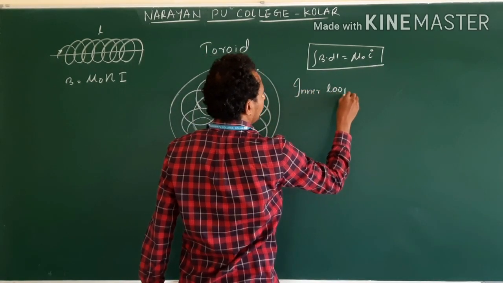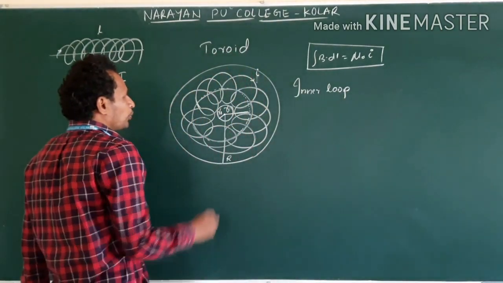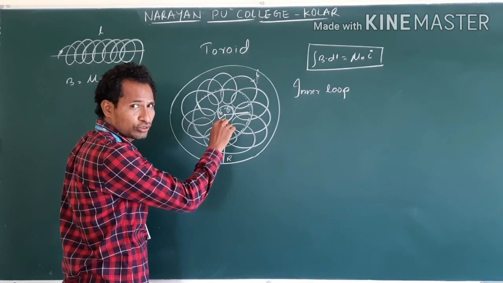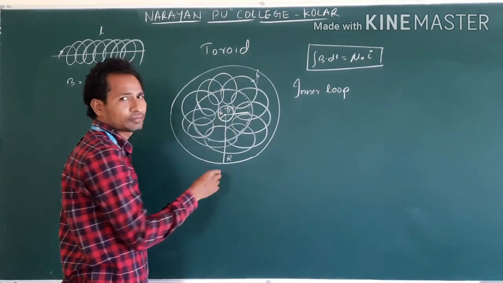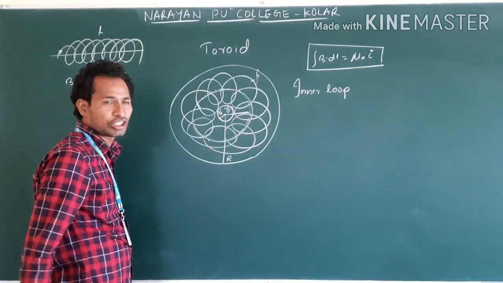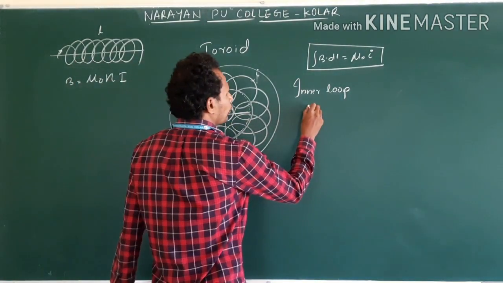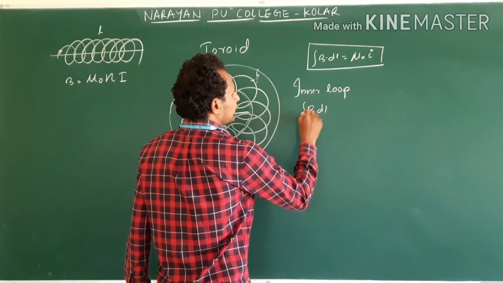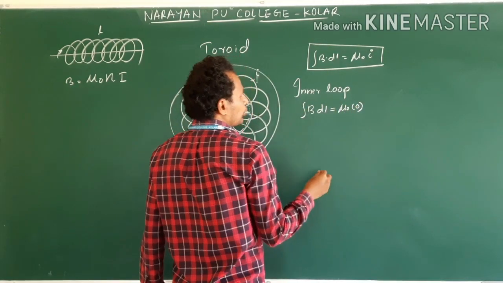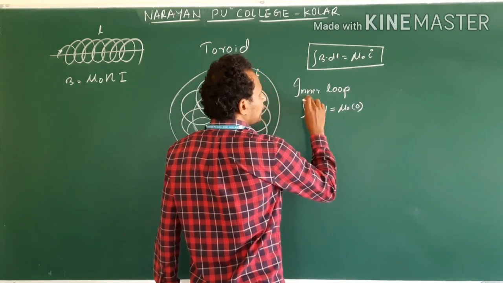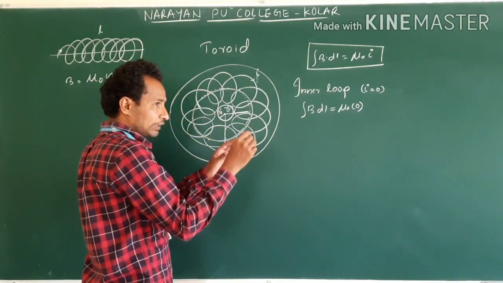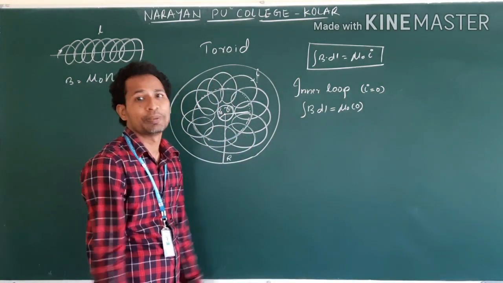Now the inner loop. What is the current enclosed by this loop? It is 0. The current enclosed by this loop is 0. Clear? So integral B dot dl is equal to mu naught into 0, because in the inner loop, the current I is equal to 0. I mean, the current enclosed by the loop is 0.